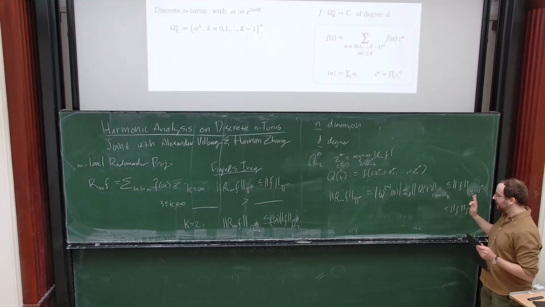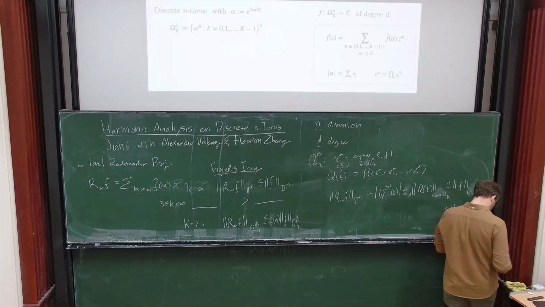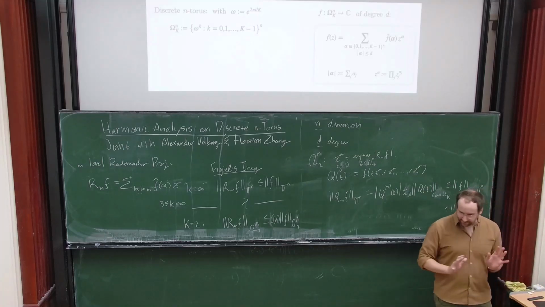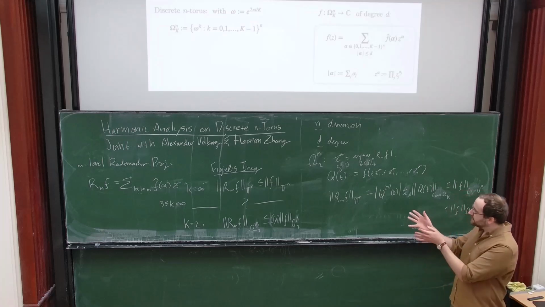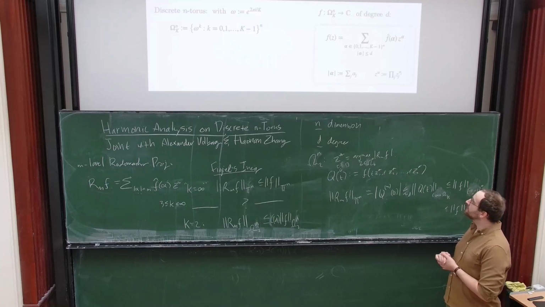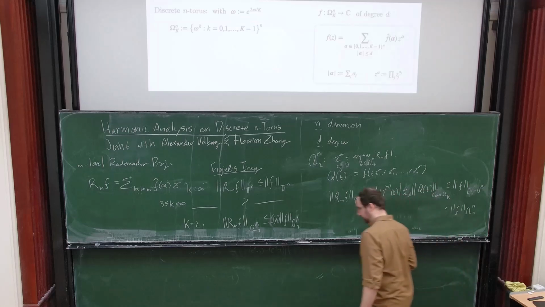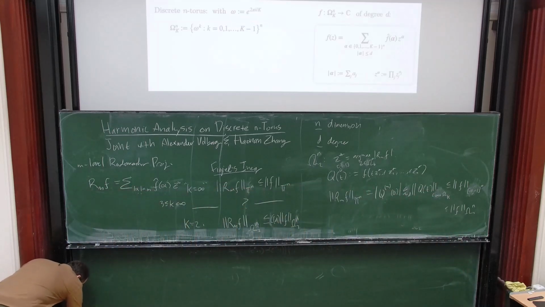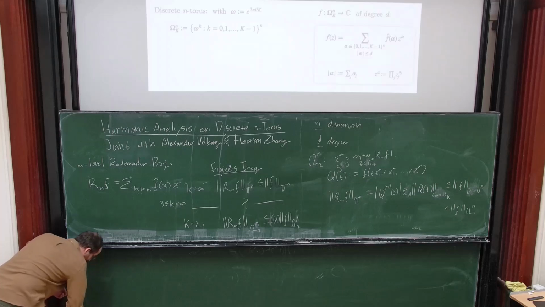So essentially, this is just meant to be a brief illustration that things are not so easy. It's hard even just to project in the discrete cube. So what I'd like to talk about are some Fourier multiplier techniques for actually achieving this projection and much more.